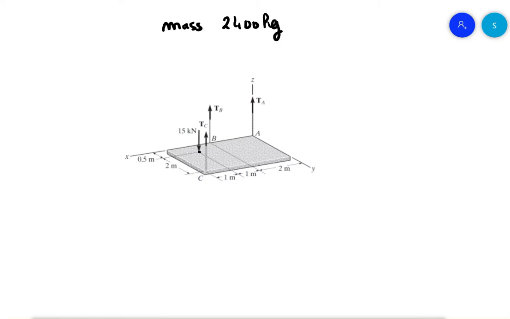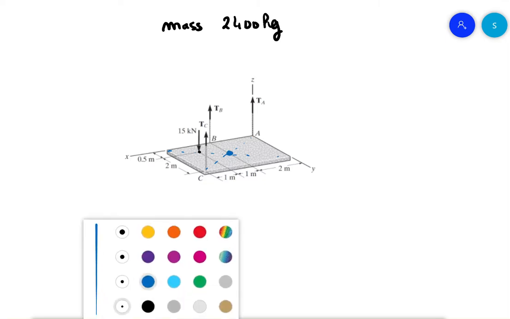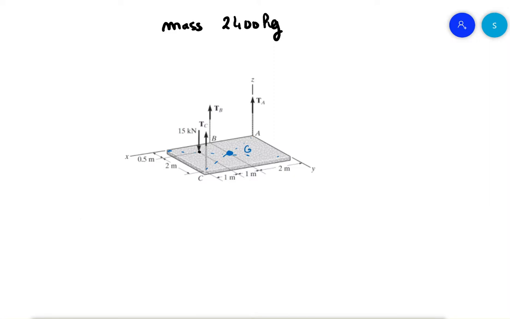So let me add that we know it's uniform, so it means that G is in the middle. So we have G, that's the point G, okay, and we can draw the weight in the middle.